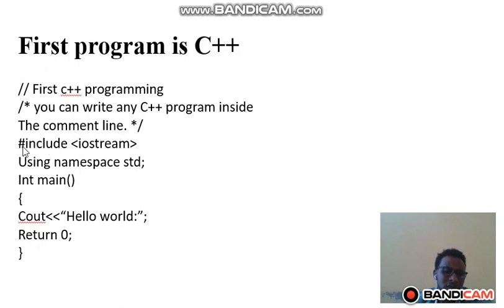Let us see the basic program. Hash include iostream.h, using namespace std, int main, open brace, cout hello world, return 0. When you write this instruction, first is include iostream.h. This hash symbol is called a directive.